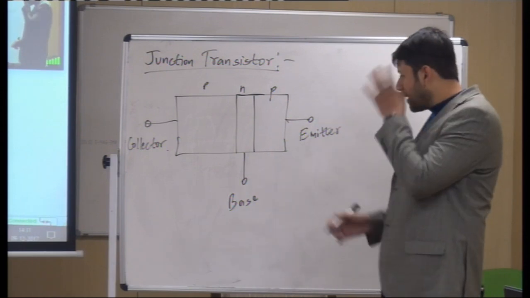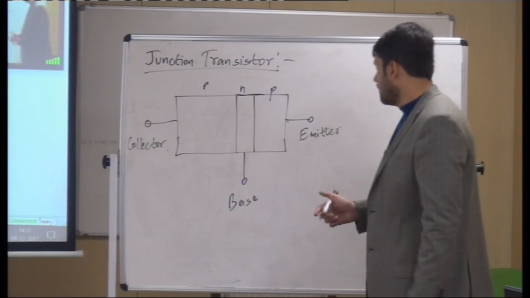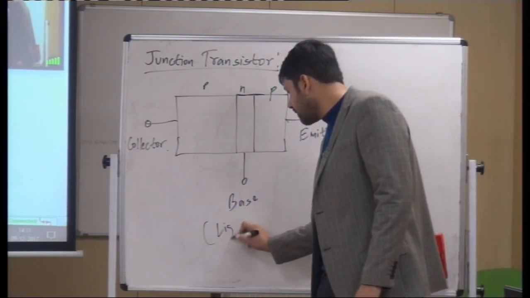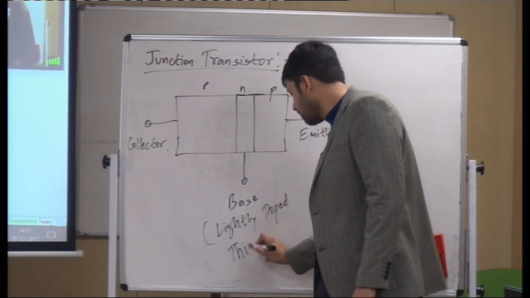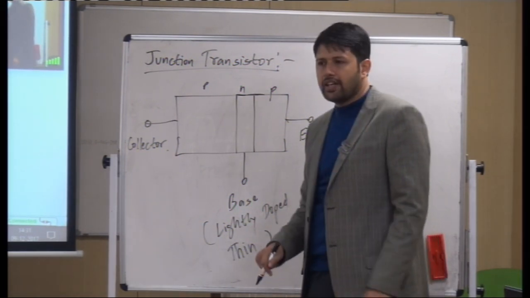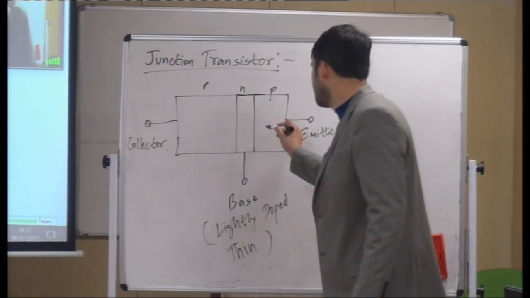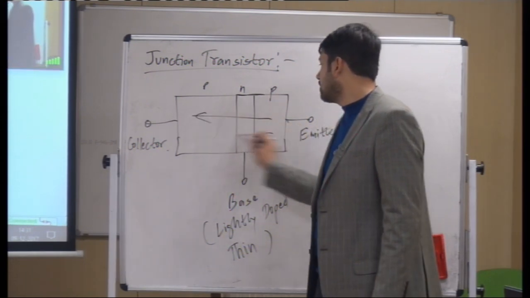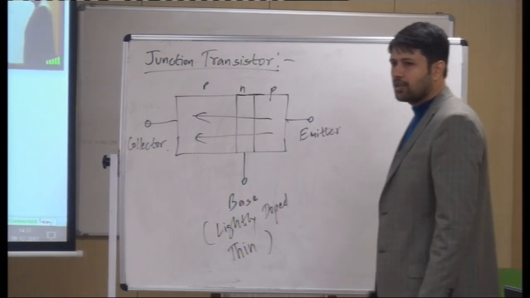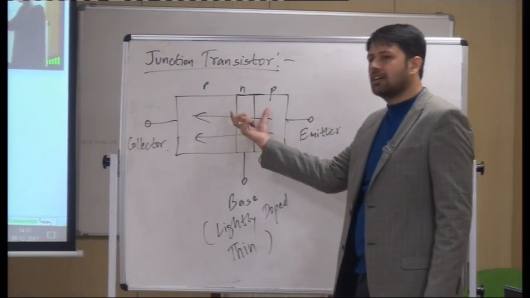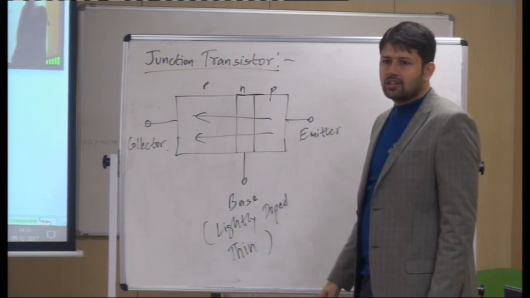So let's discuss why the base is made thin, and why the emitter and collector are made in this manner. The base is lightly doped and thin. Why? Because the purpose of the base is to control the flow of charge carriers from emitter to collector. If you make the base thick, many of the charge carriers would be neutralized in the base itself. You don't need that.